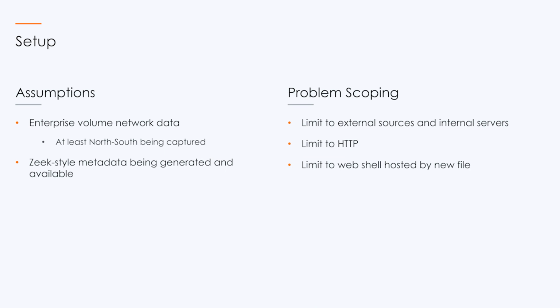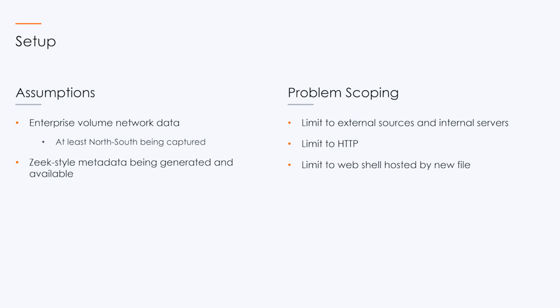In terms of scoping the problem, it is very useful to limit what you're looking at. So in our case study here, we're limiting it to external sources and internal servers, limiting it to HTTP, and limiting it to a web shell hosted by a new file.